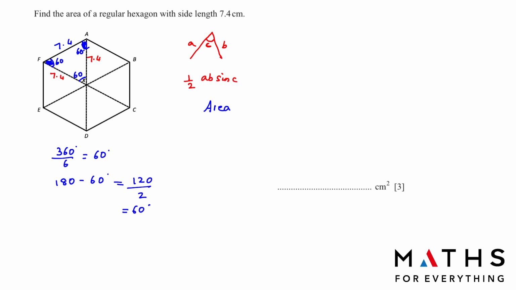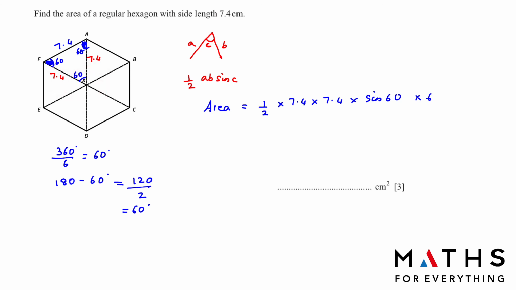We'll find the area of one triangle by writing half times 7.4 multiplied by 7.4 multiplied by sine 60. This whole answer we will multiply by 6 because there are 6 triangles.